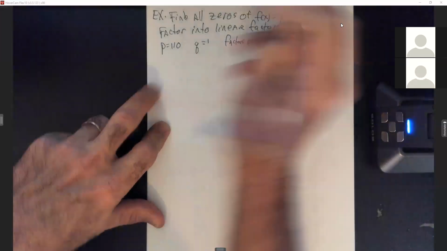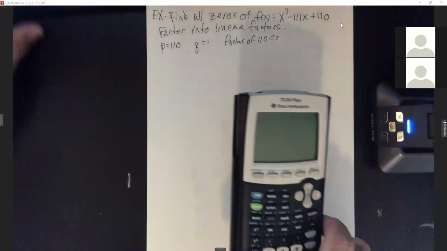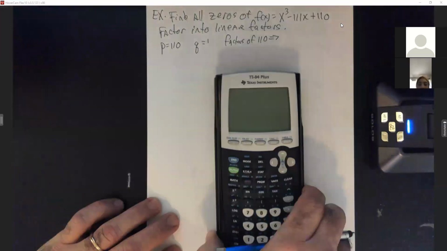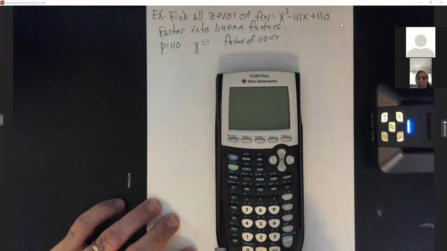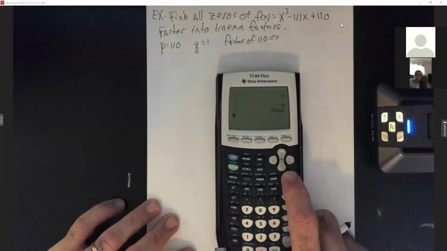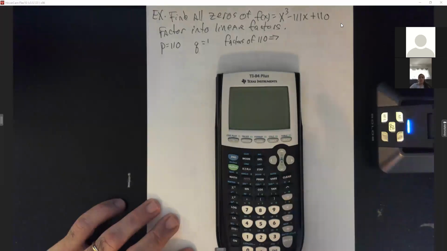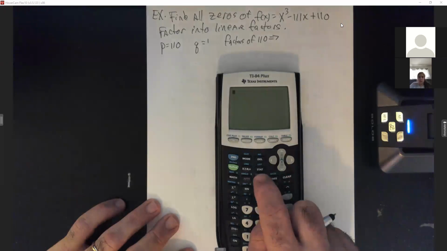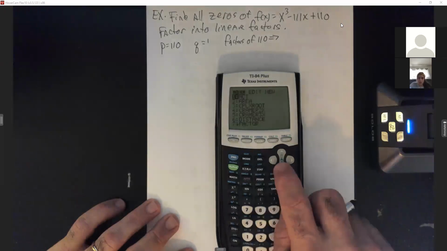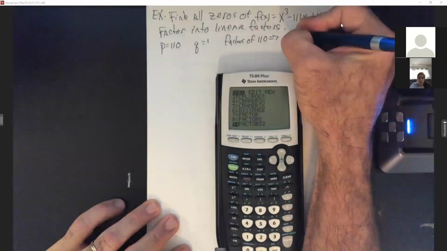So if you want help on the factors, I got a program on the calculator you can use. So let me clear that. To find factors of a number, you can hit program and go down to factor number 2. So you see it says factors 2. So I'll write that here.